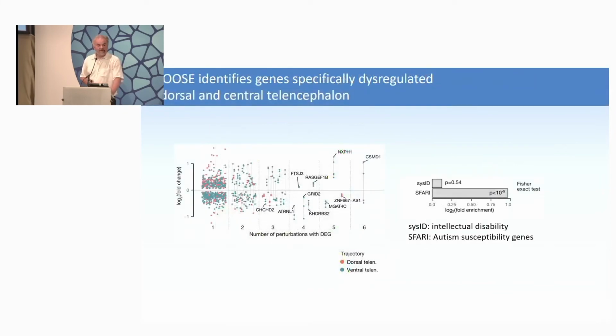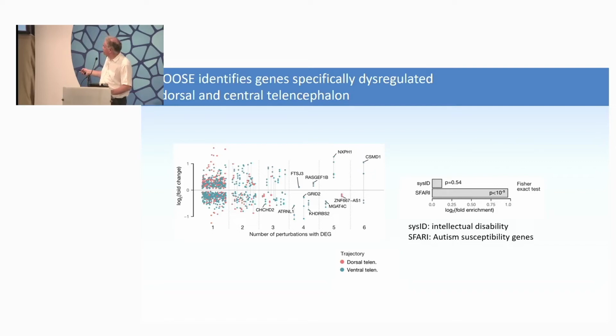Now, one other way that we can use to analyze our organoid data is we can predict target genes. We can predict genes that are deregulated in organoids that are mutant or perturbed for particular transcription factors. And we can do that in a regionally specific way.